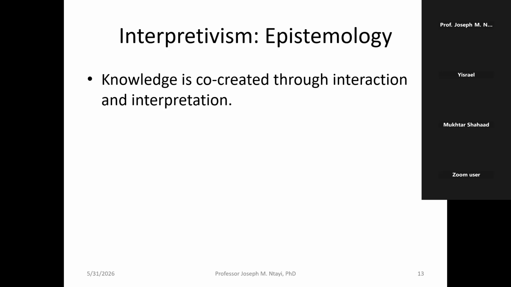If you are a positivistic researcher, you may ask, what factors predict doctoral completion? But the interpretivist researcher will not ask the same question. He will be concerned with a question of how do doctoral candidates experience and make sense of the PhD journey?